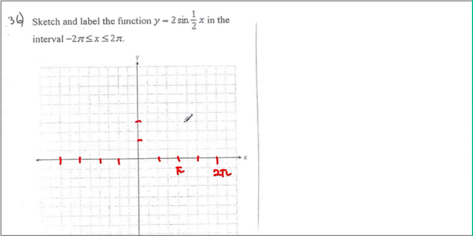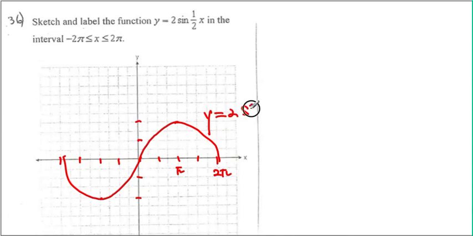It will go from here all the way up here. And then it will be y equals 2 sine of x over 2 from negative 2 pi to positive 2 pi.